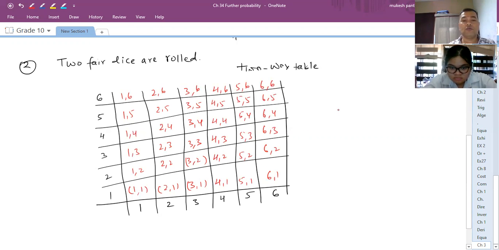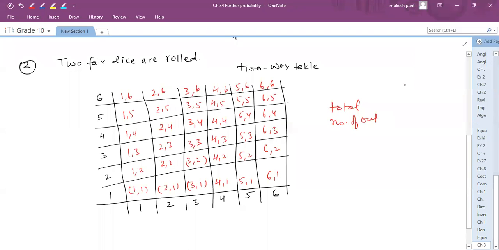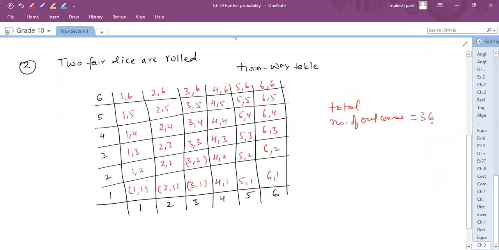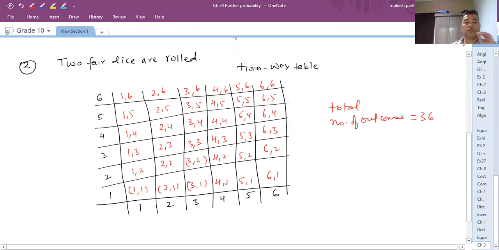If you count, the total number of outcomes will be 36.